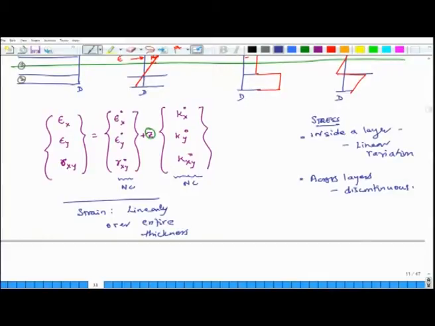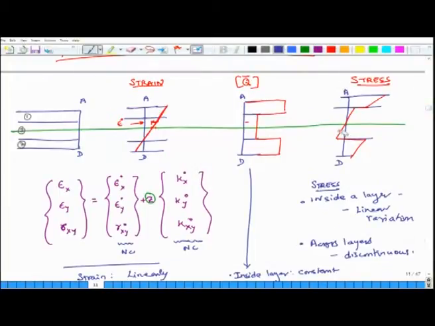Okay. And what about Q bar matrix? It is constant inside a layer and across layers discontinuous. So, in this case, right, this could be something like this.